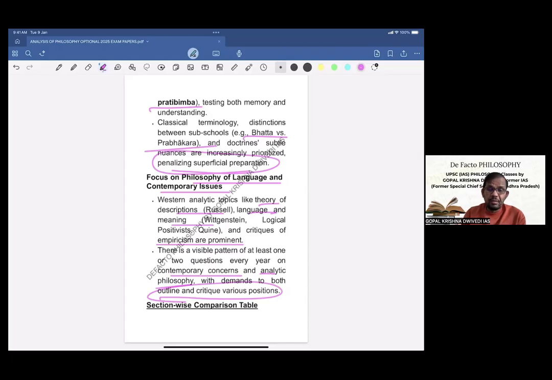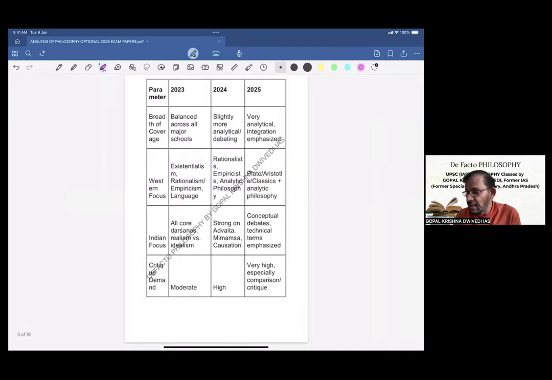Then, if you compare section-wise, what I have done is 2023, 2024, 2025, how the question paper trend has changed, just for reference. On breadth of coverage, in 2023 it's balanced across all major schools. In 2024, it has become slightly more analytical and debating.